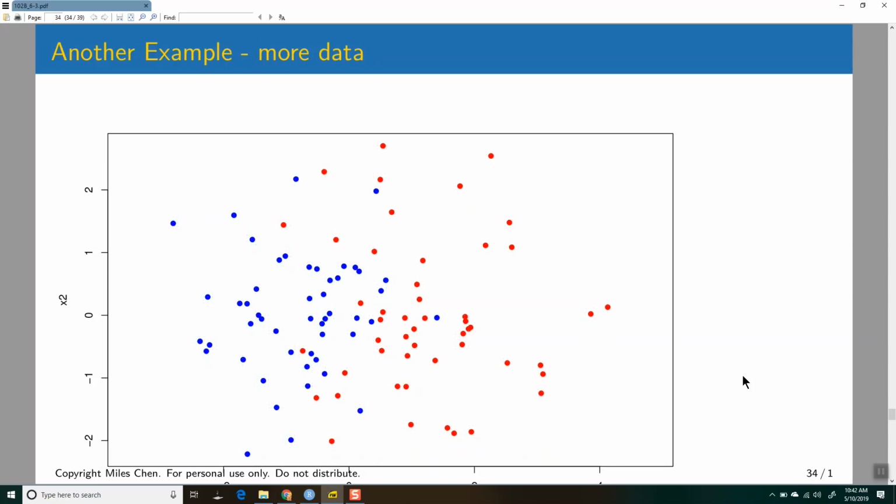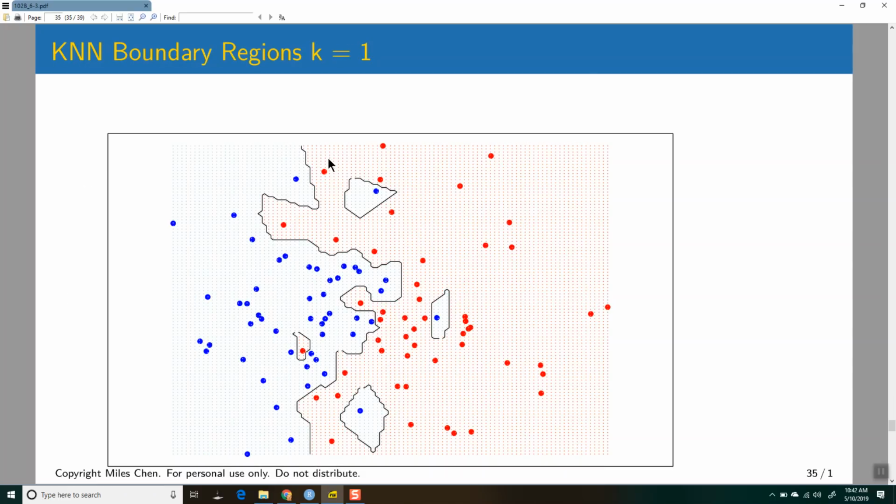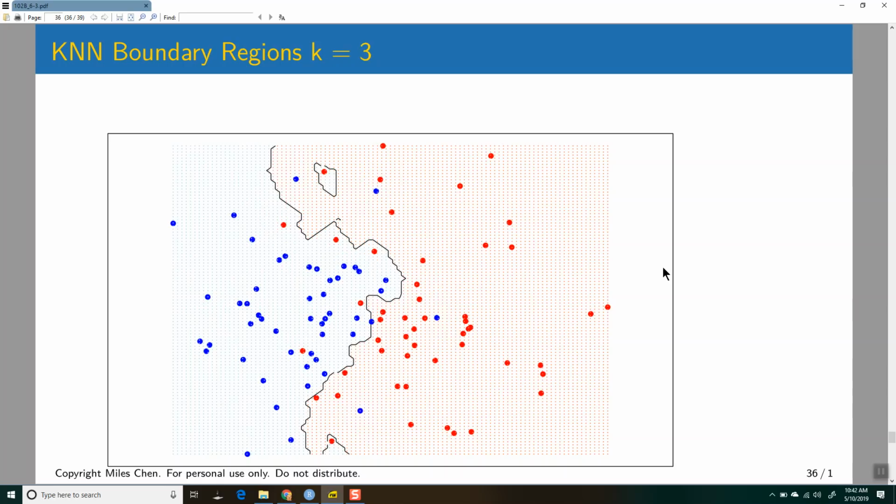I was expecting way more enclaves and weird shapes here, but you get something that's more continuous than I expected. So this is what we have here. With k equals 3, we can start seeing these boundaries forming here.